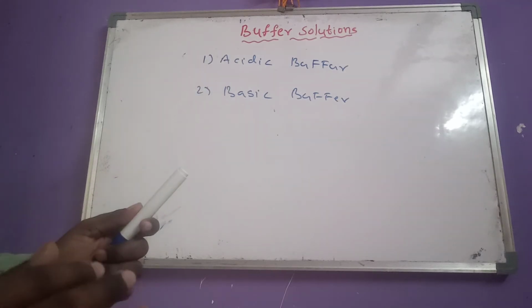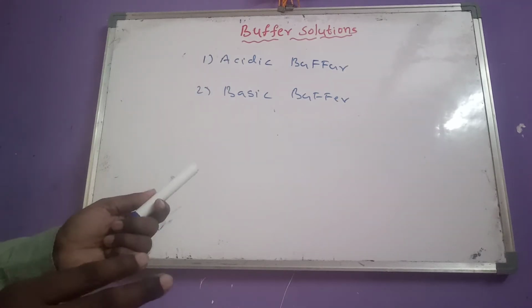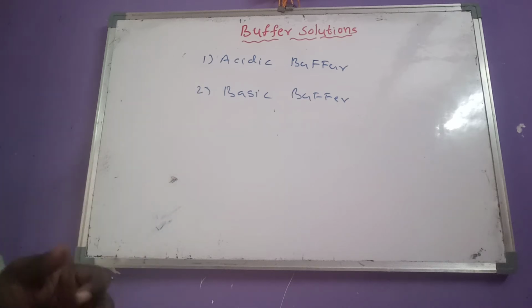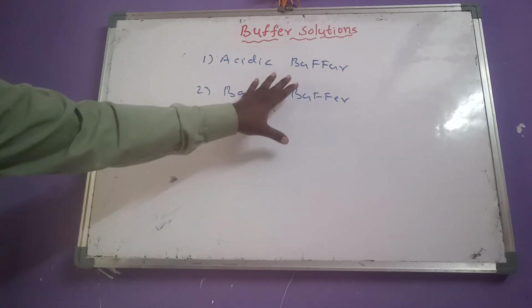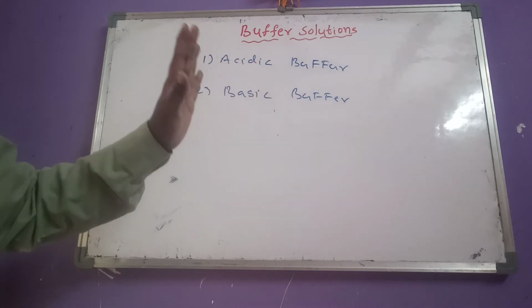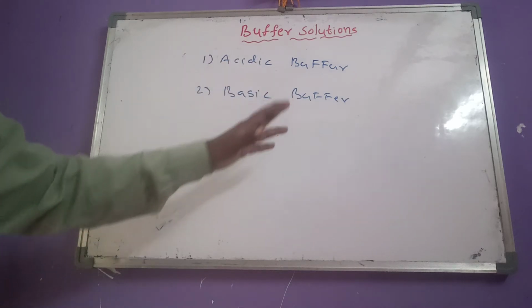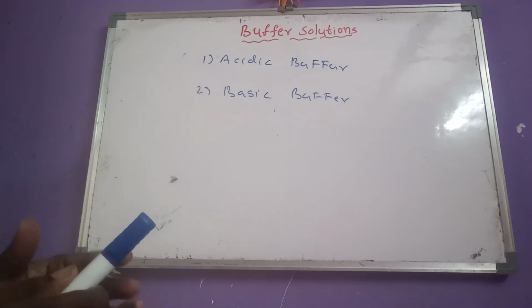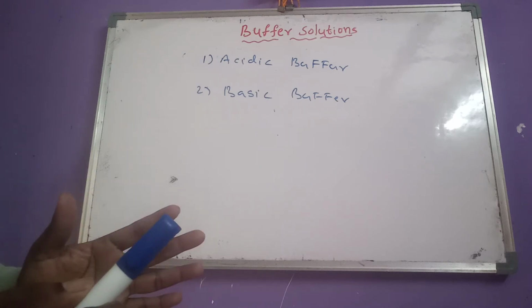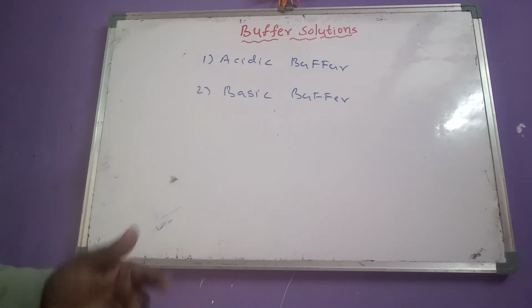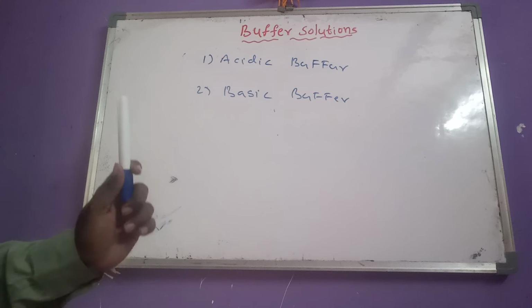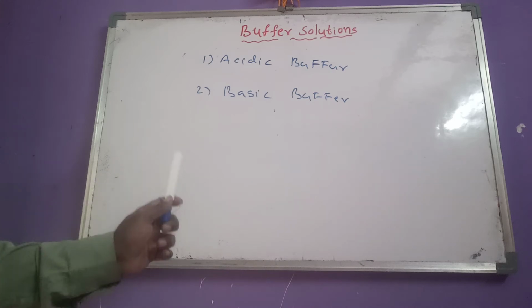So acidic buffer is not related to the acid and base concept here. Just the name is acidic buffer, but the properties are not related to an acid, or basic buffer properties not related to a base. Does basic buffer mean always pH greater than 7? No, that is wrong. Maybe less than 7 also. So just the name is acidic buffer, basic buffer, but not the character.